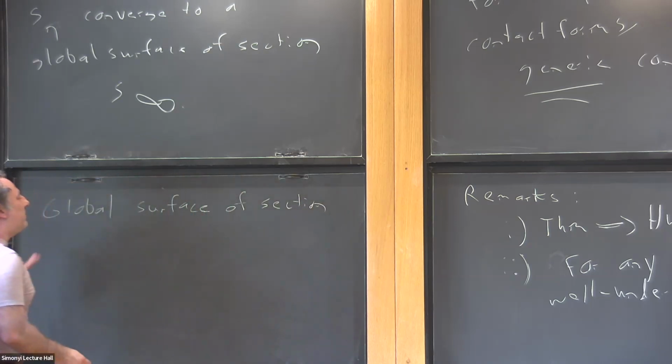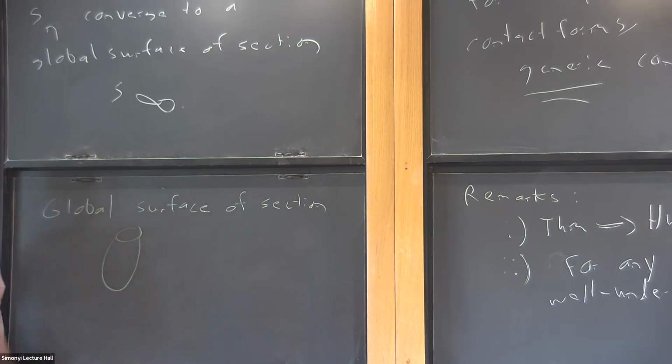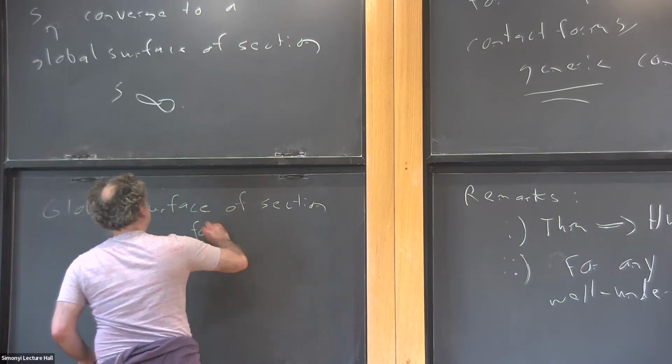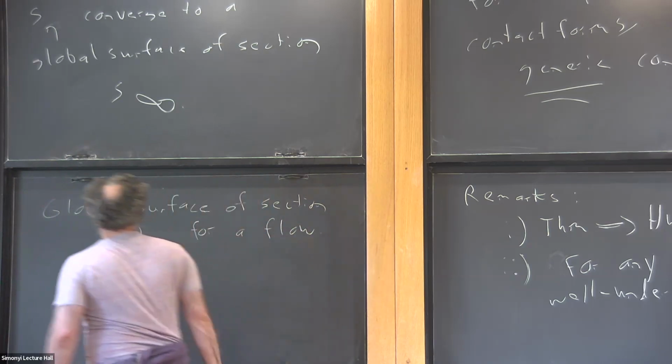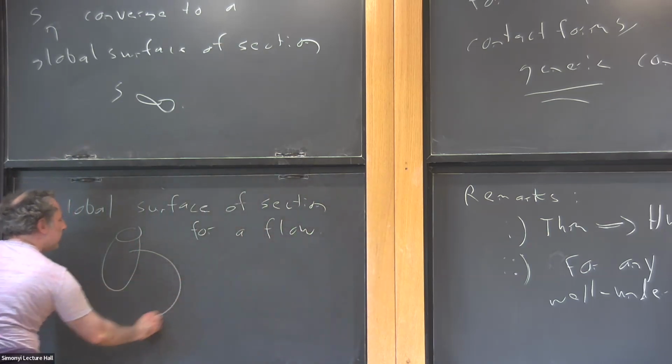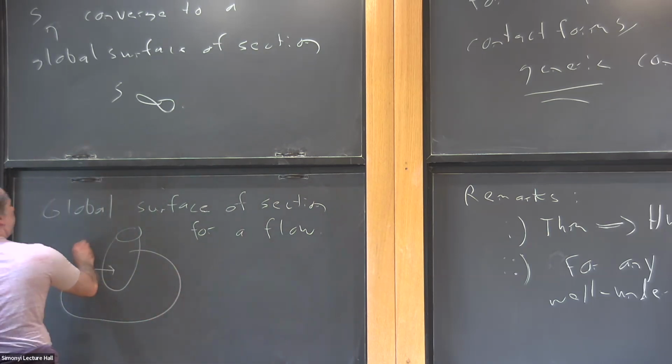Okay, so here's a picture. It's maybe good to keep in mind. So this is a global surface of section, let's say for a flow. Okay, so this is the kind of picture people draw. So maybe this is some S_n.